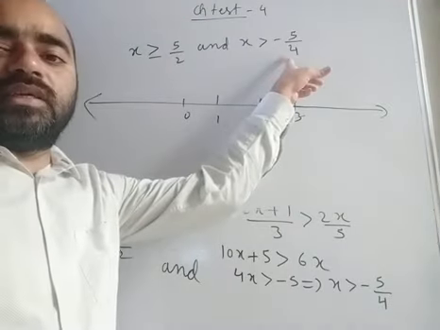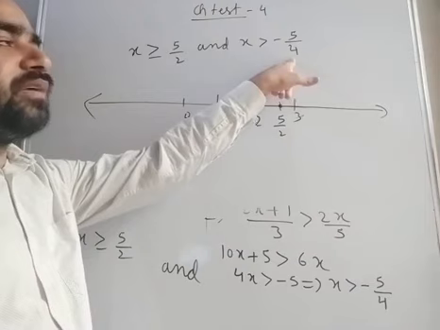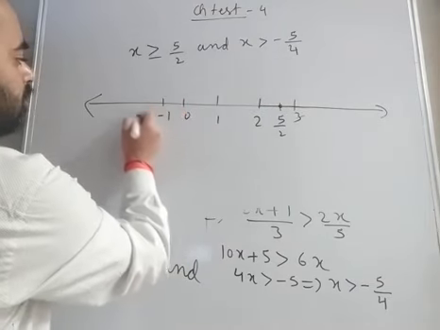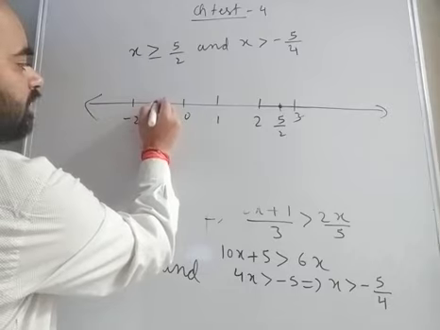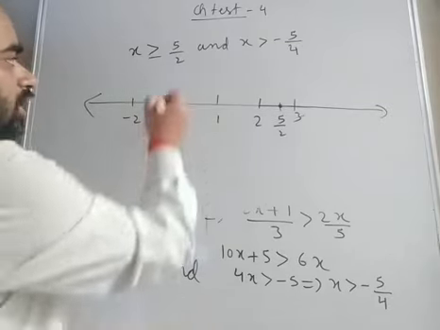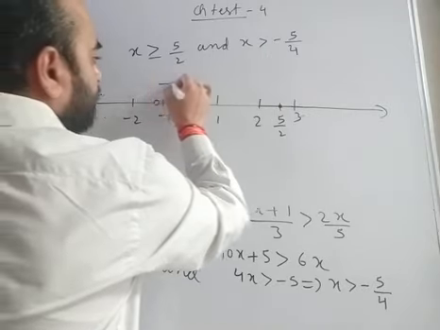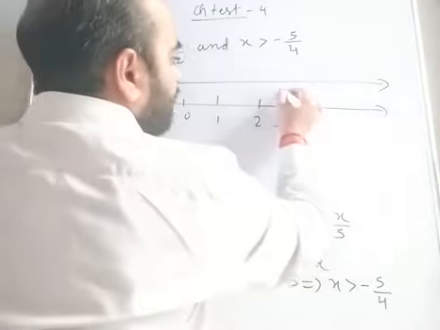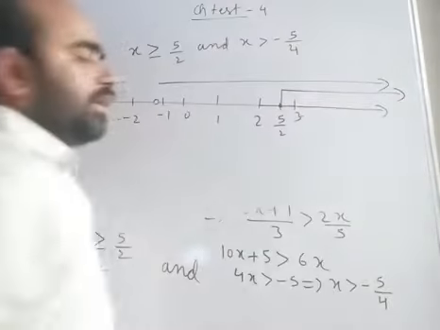This is x is greater than minus 5 by 4. Minus 5 by 4 means minus 1 point something, so maybe here, and this point is not included. Now this inequation is greater than minus 5 by 4, and this inequation is greater than or equal to 5 by 2.